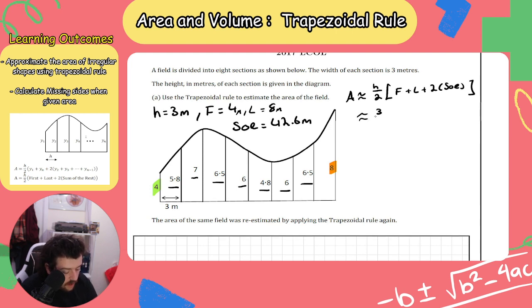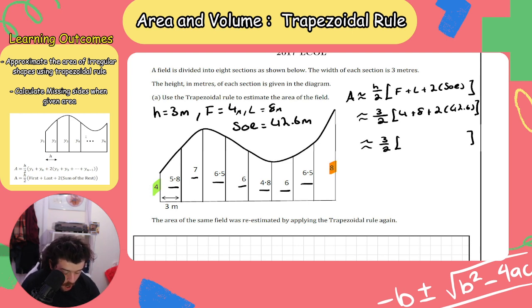So it's going to be 3 over 2, 4 plus 8 plus 2 times 42.6. 3 over 2 times, inside of my bracket is going to be equal to 97.2, and then multiply it by 3 over 2.